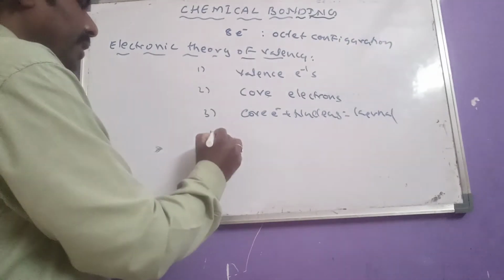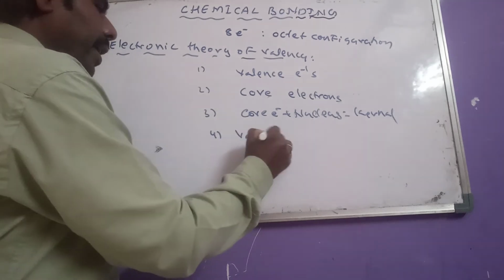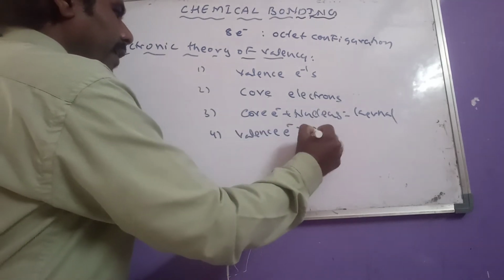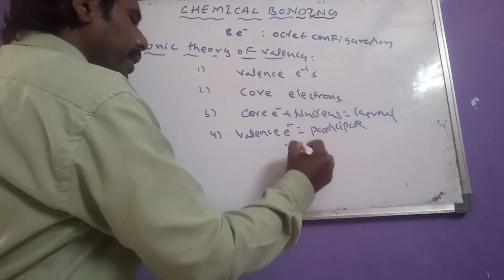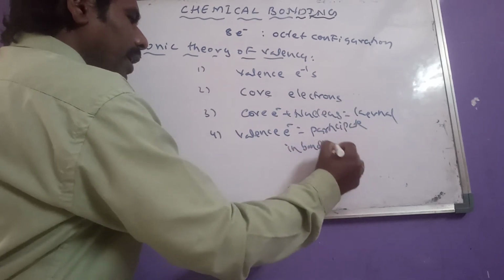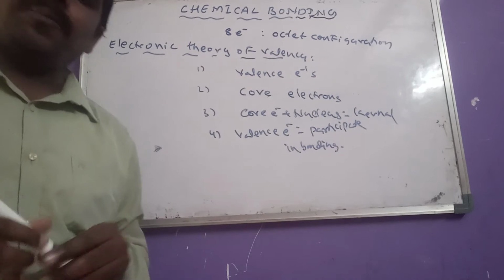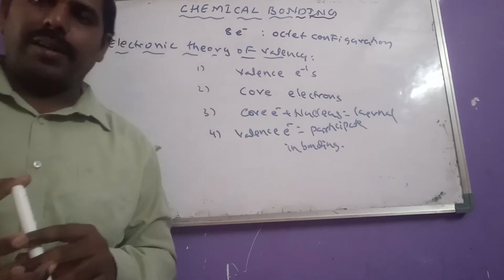Only valence electrons participate in bonding. Valence electrons participate in bonding, and core electrons do not participate in bonding.